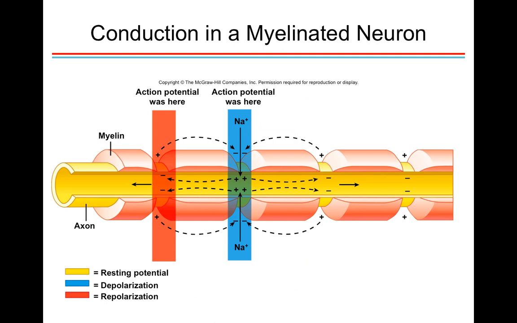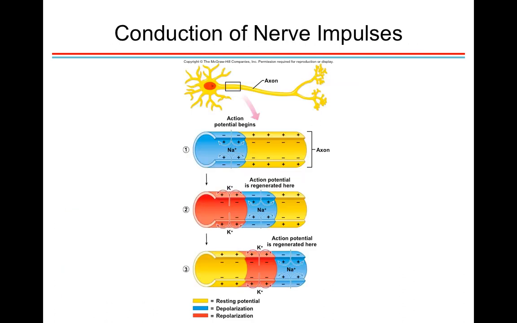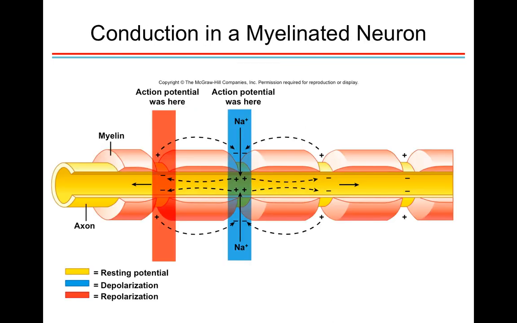And you may be wondering how myelination could help with this process, right? Because you can imagine that this process is going to take a long time. It needs diffusion, right, and this action potential needs to repeat every couple millimeters, right? It's a very small area that's being affected.